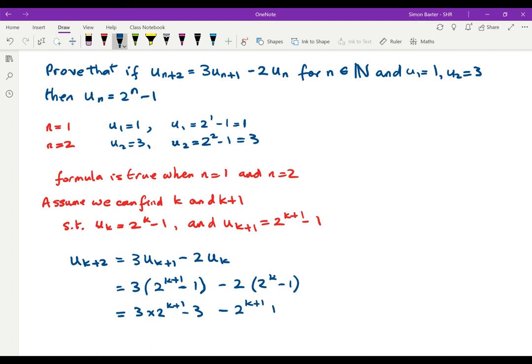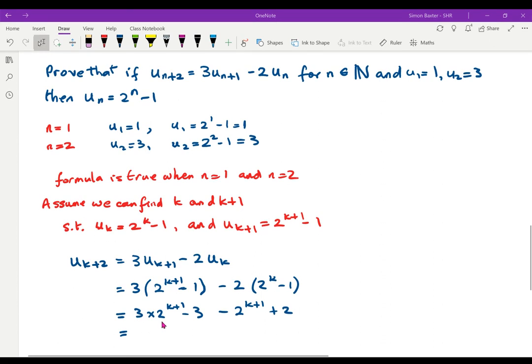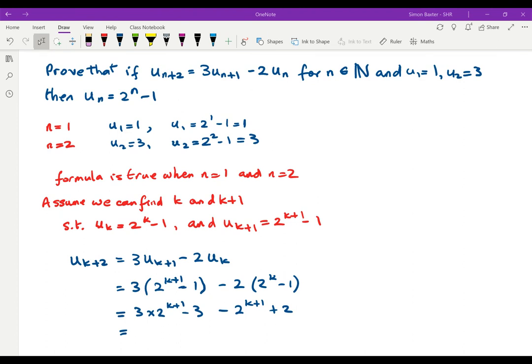Minus minus is plus. And now if we look at this, we find that we have 3 times this fellow minus 1 of them. 3 of them minus 1 of them is 2 of them. So that is 2 to the k plus 2. 2 times 2 to the k plus 1 minus 1. So this is what the formula would give us if we put n equal to k plus 2.